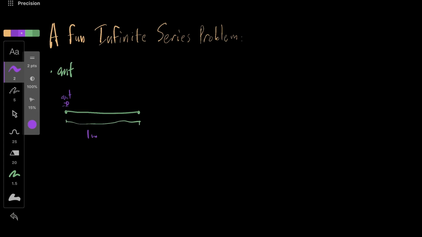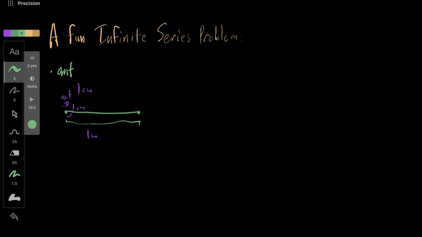Now, basically, you can say every second, this ant moves 1 centimeter along this. So in the first second, it'll go here, 1 centimeter along. But then what happens is every second also, this rubber band gets stretched out another meter.